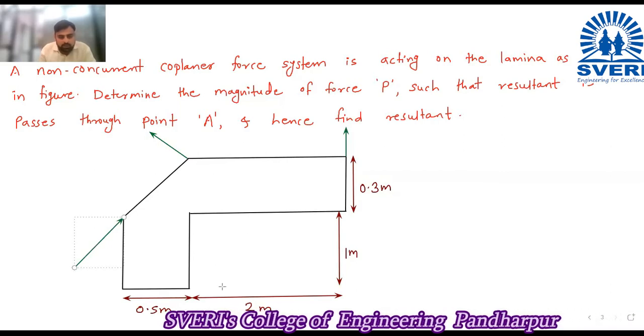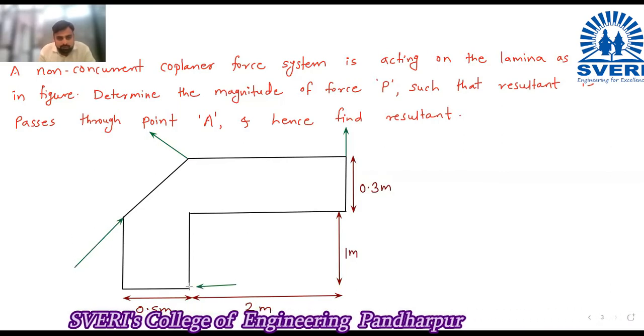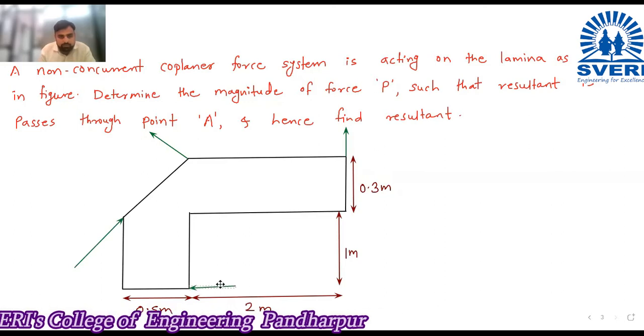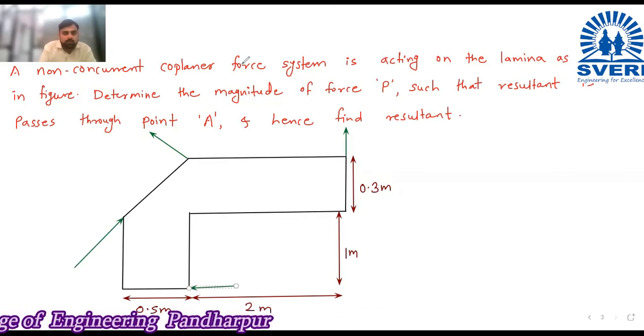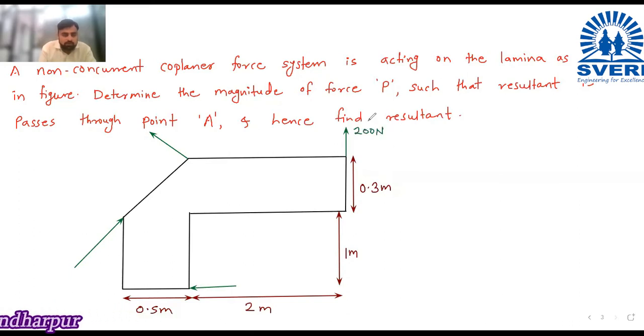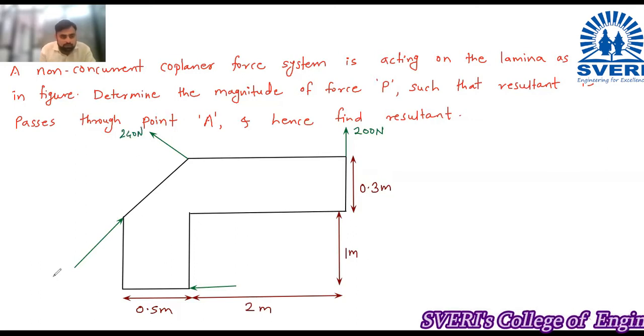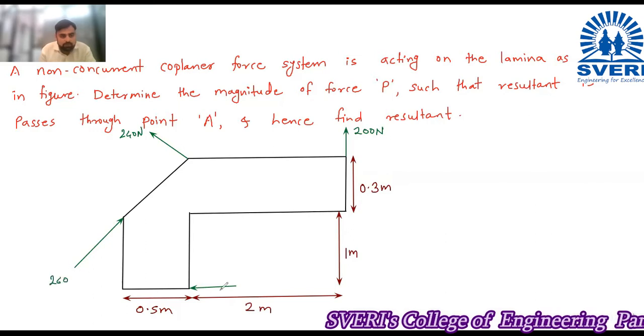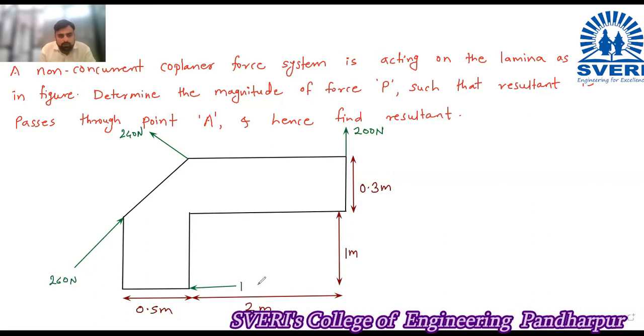And here is the unknown force P. Now we will write the values: 200 Newton, 240 Newton, 260 Newton, and P Newton.